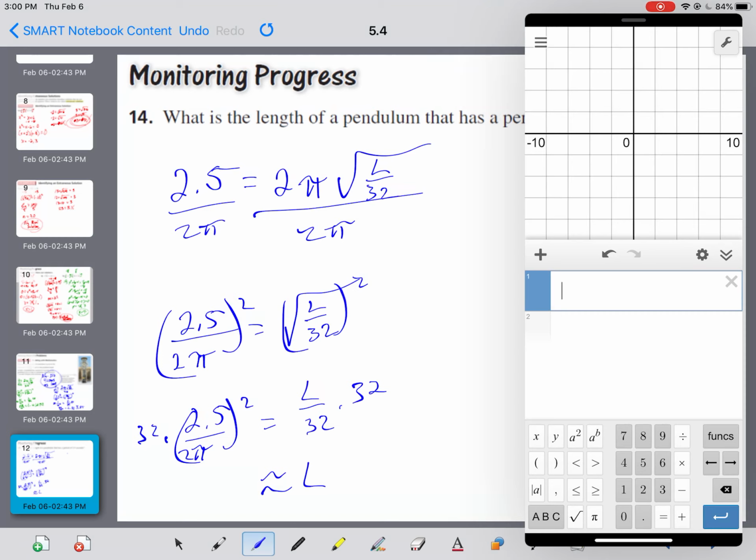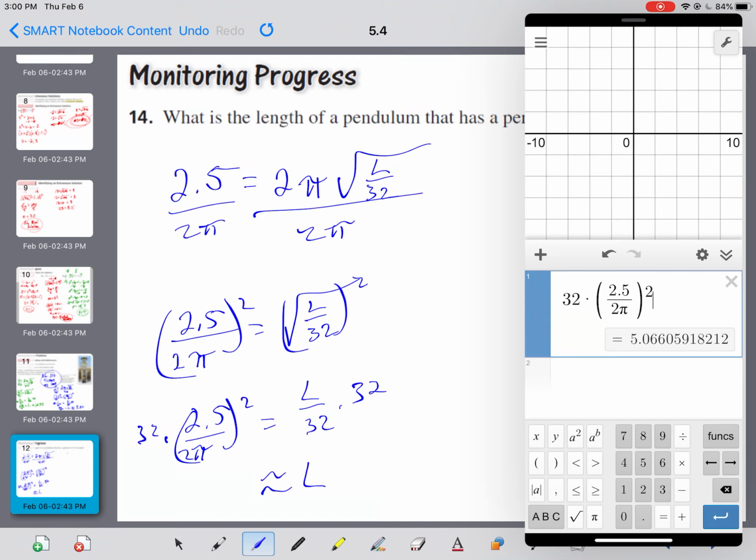L is approximately, now, why did I wait for all of that? 32 times the quantity 2.5 divided by 2 pi, squared.